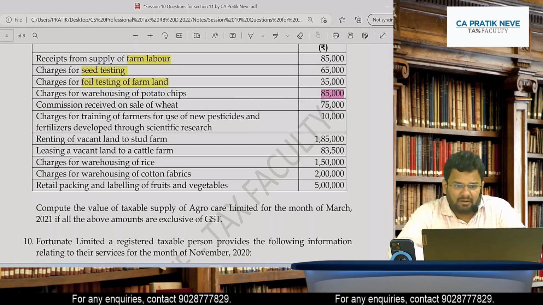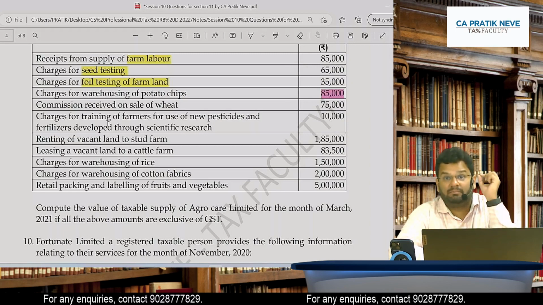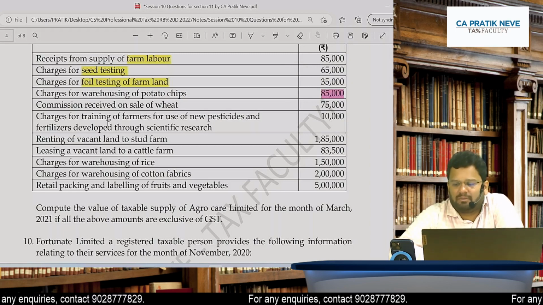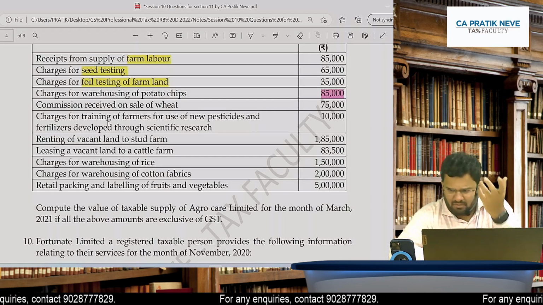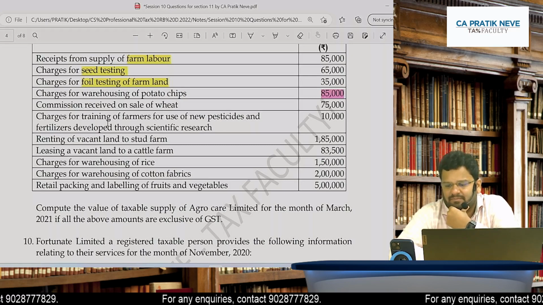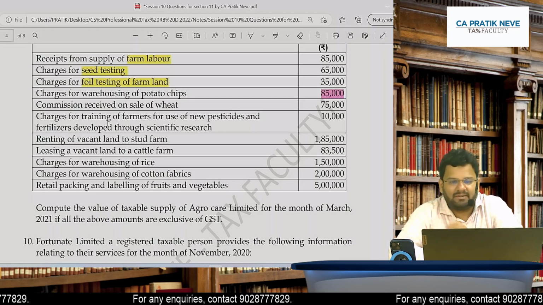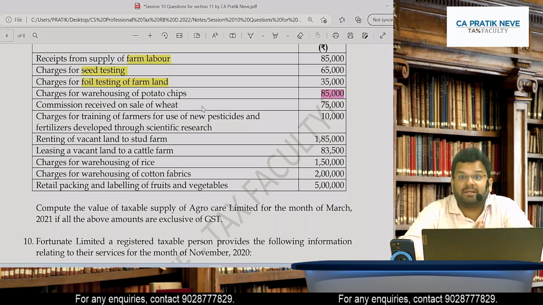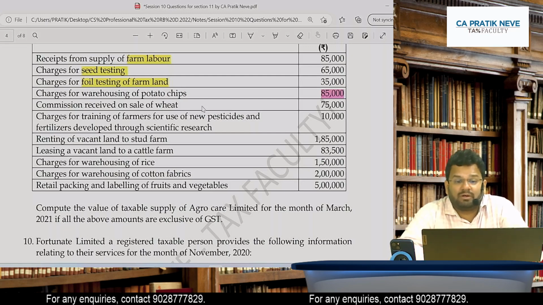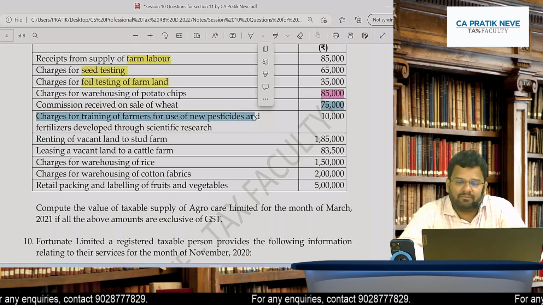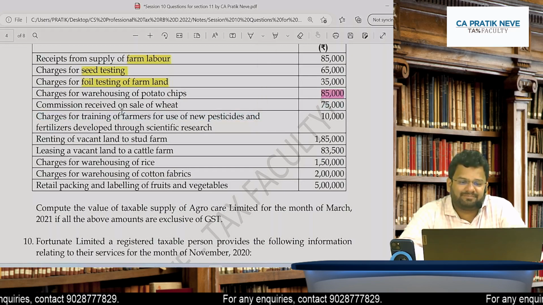Next, commission received on sale of wheat. Don't get deceived by the word commission. What we want to say here is that agency services are given. Agency services are usually taxable, but it is towards agricultural produce, so it will become exempt. Do you agree with me?